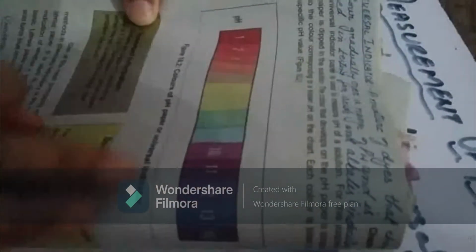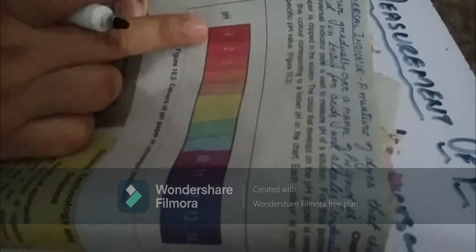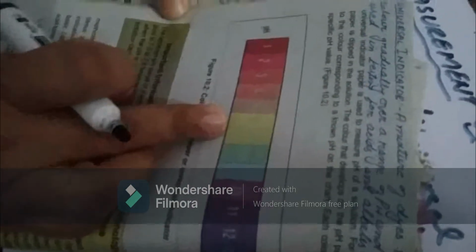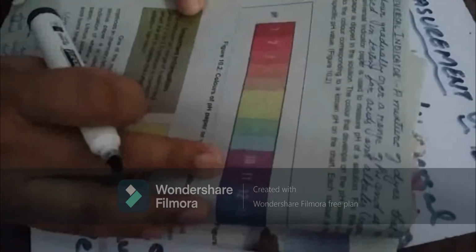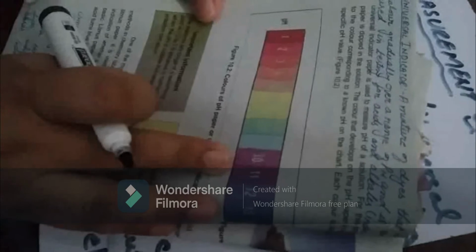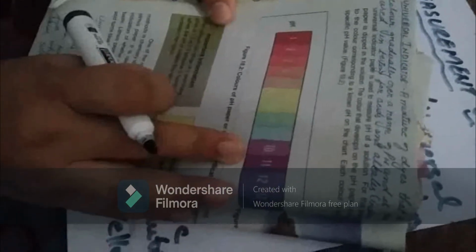Look at your books, that is figure 10.2. Here different colors are given for the different pH. For pH 1, the color of the pH paper will be dark red. For a neutral solution, the color of the pH paper will be yellow, and for the solution having pH 11, that is a basic solution, the color of the pH paper will be violet.